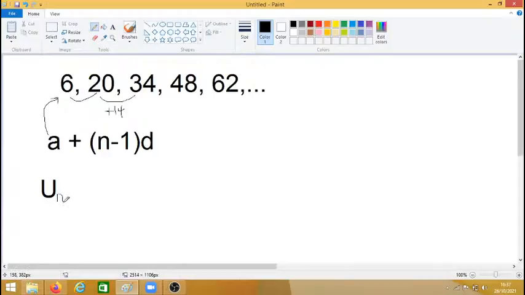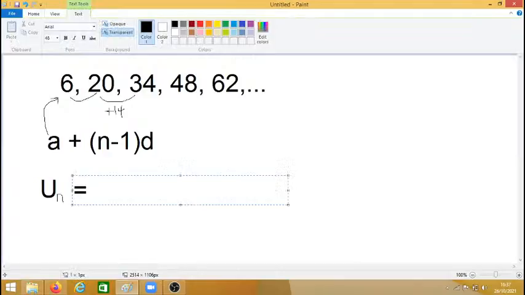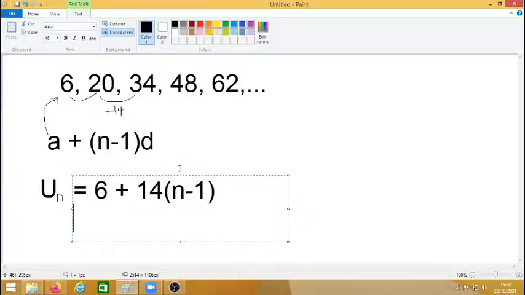So if we just follow the formula a plus n minus 1 d, which you do have to memorize. So 6 is the first number, so that's your a, plus then n minus 1 can stay in brackets. And d is 14, so I'm timesing by 14. Better to have 14 at the front. So it's 6 plus 14, then brackets n minus 1, which I can just simplify by expanding out the brackets.